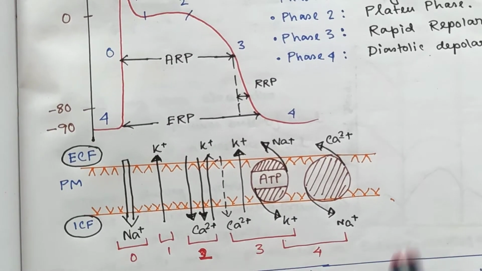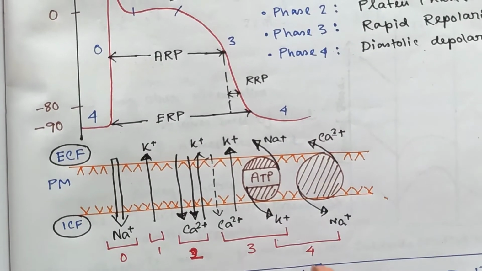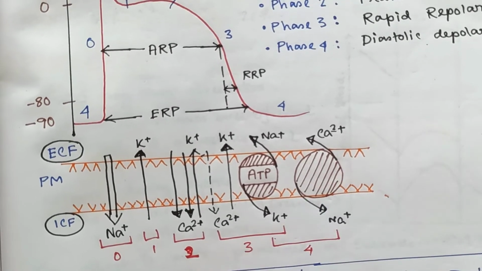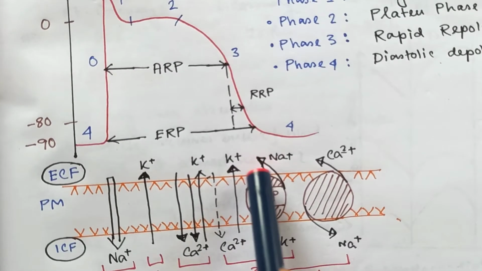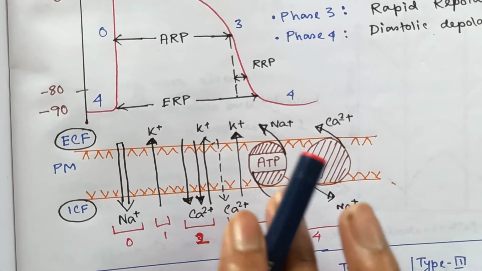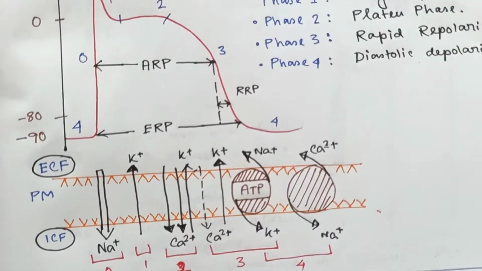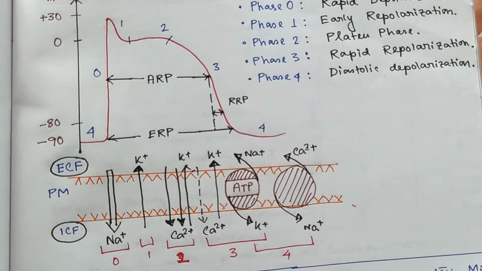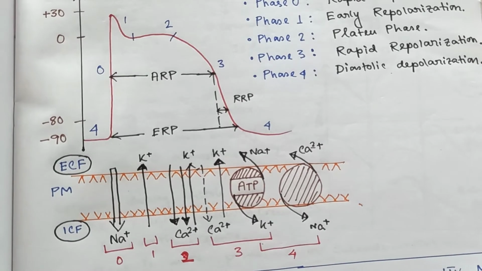So these three, the sodium calcium exchanger, potassium channels, and always the sodium potassium ATPase pump, ultimately maintain the resting membrane potential, that is minus 90 millivolt, or this phase is called the diastolic depolarization phase.